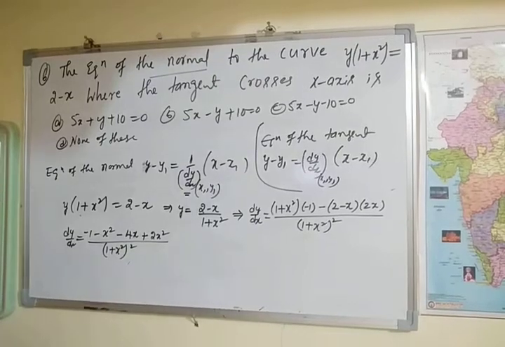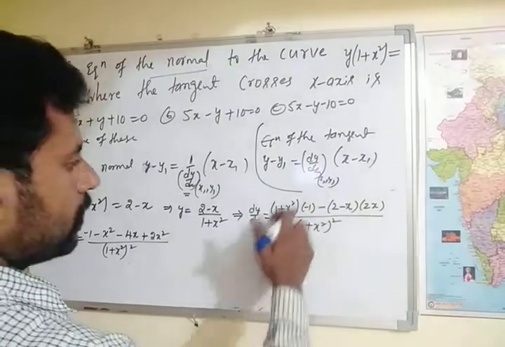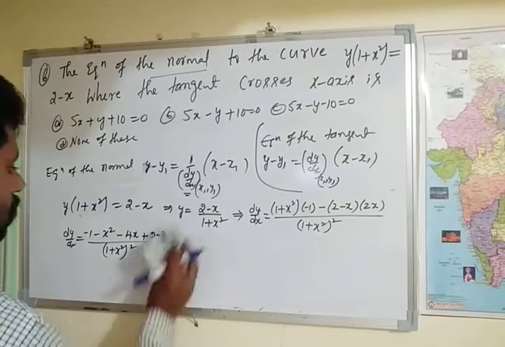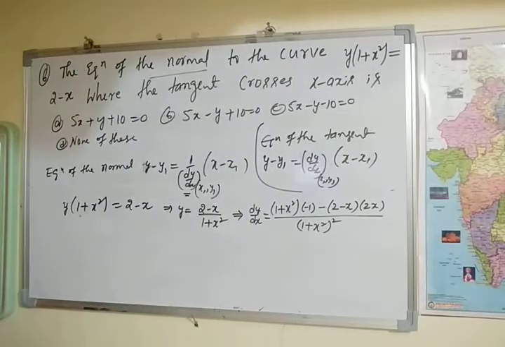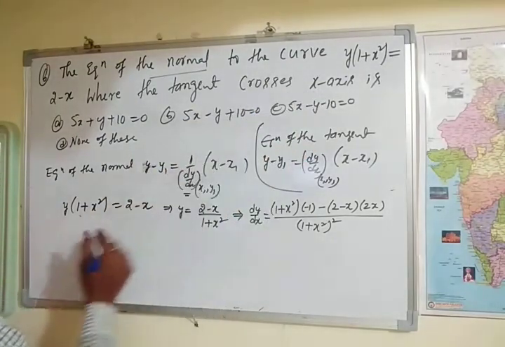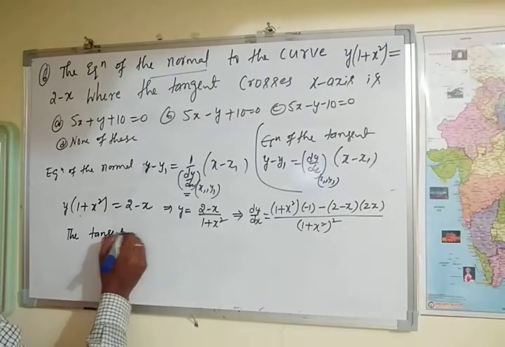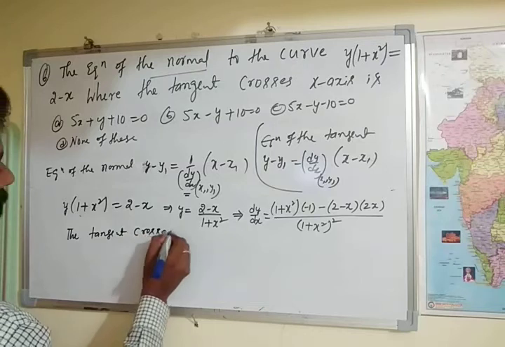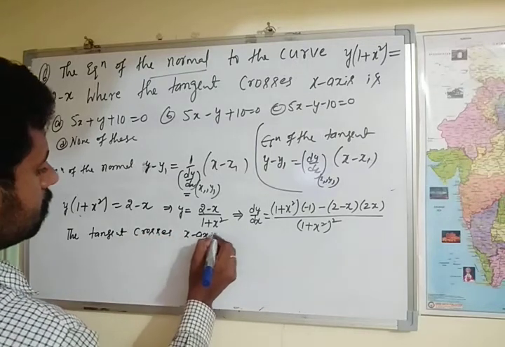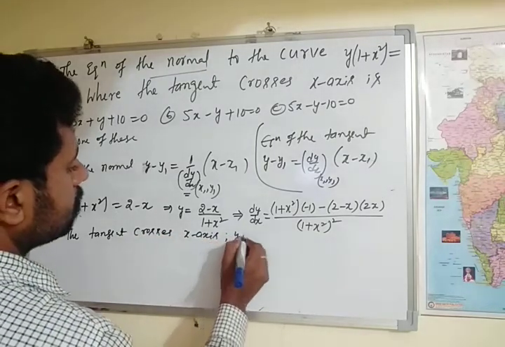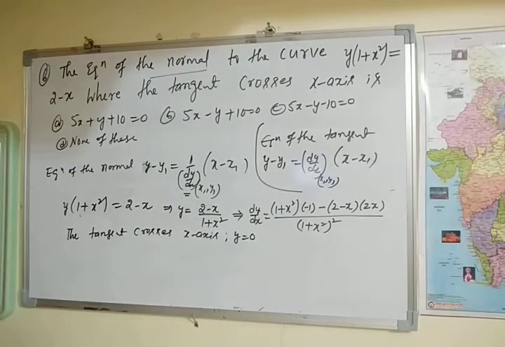See here, no need to simplify the result, you can directly use the data. The tangent crosses the x-axis, so y is 0.